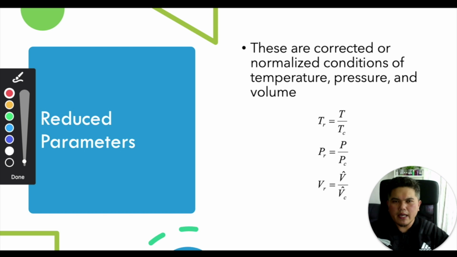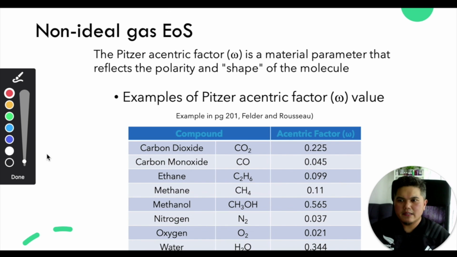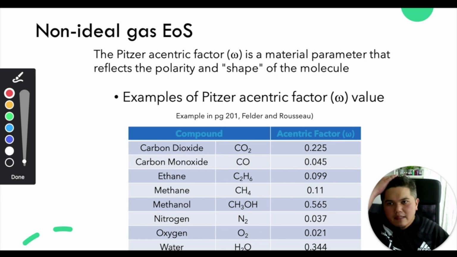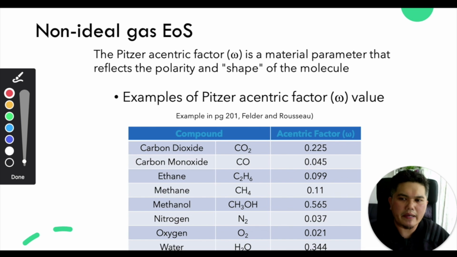So if we want to look at the non-ideal gas equation of state, there is another term that we need to know, which is what we call the acentric factor. The acentric factor is something that the chemists have been trying to evaluate. I do not know how they evaluate these parameters, through certain kind of polarity and shape of the molecule, and therefore these particular values are already given.